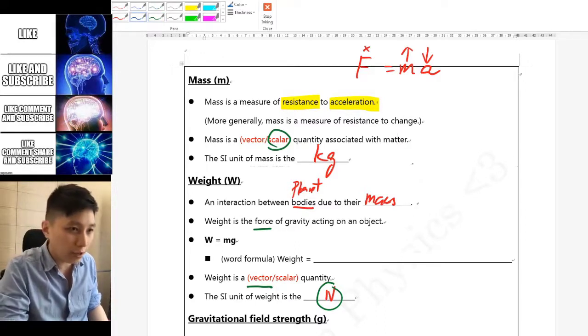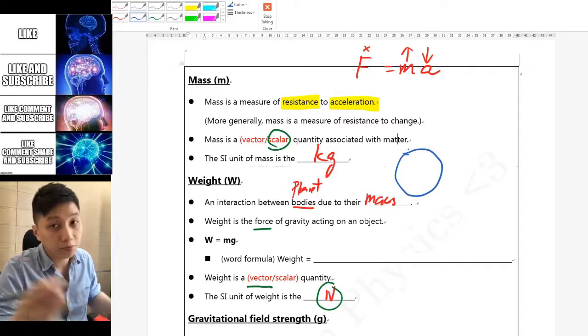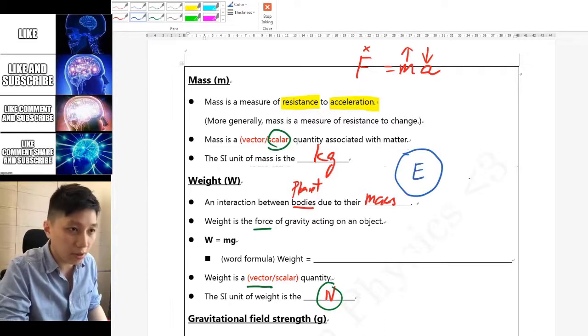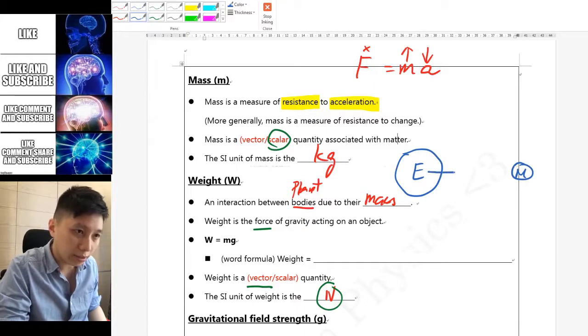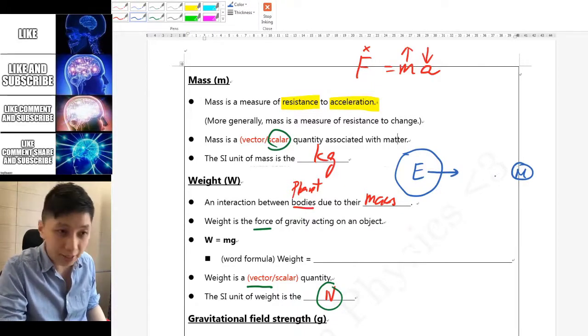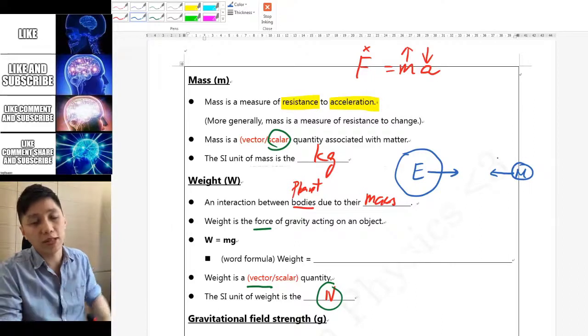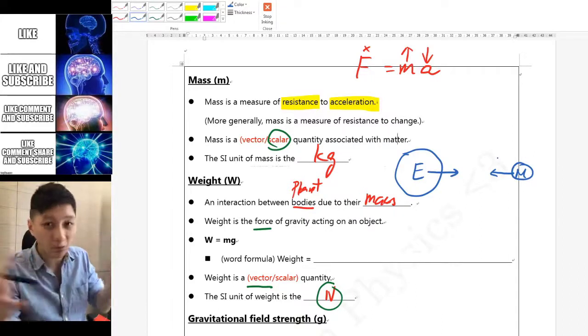But of course, if you're talking about, say, two planets, for example the Earth and the Moon or the Sun, then their weight, or more precisely gravitational force, will be pointing towards each other. So there's nothing called downward in that case.